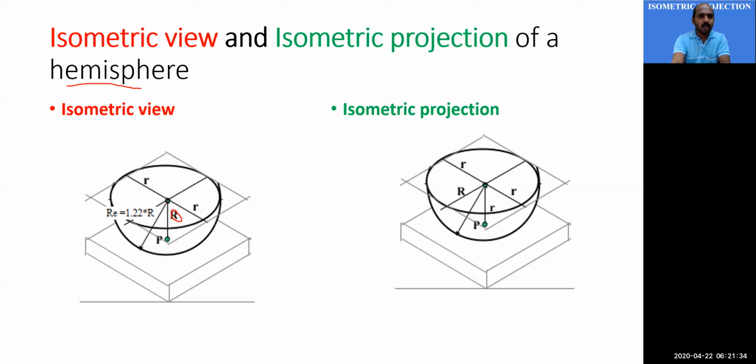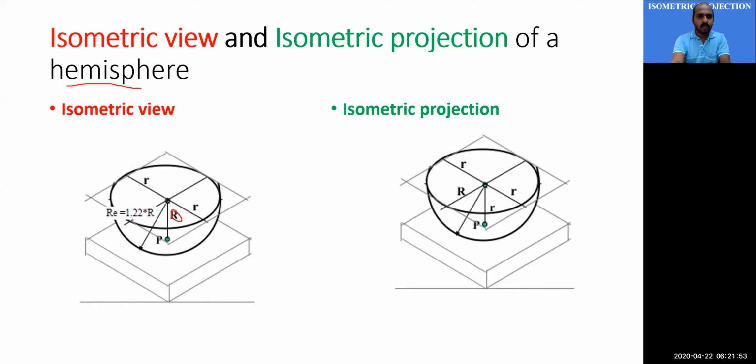Then at that height, you complete the top face of the hemisphere. The top face of the hemisphere is a circle, so you complete the isometric view of the circle there.